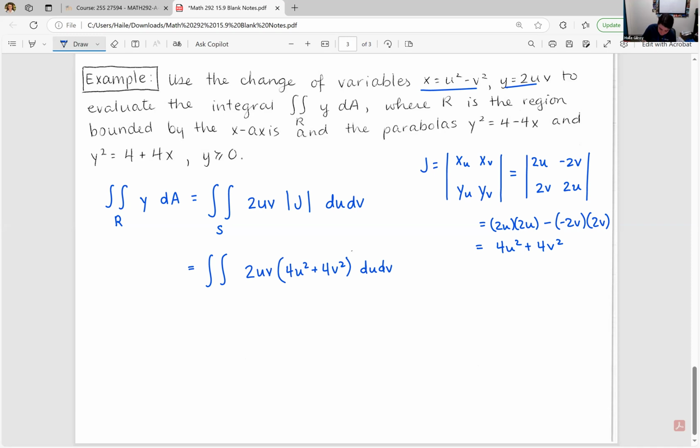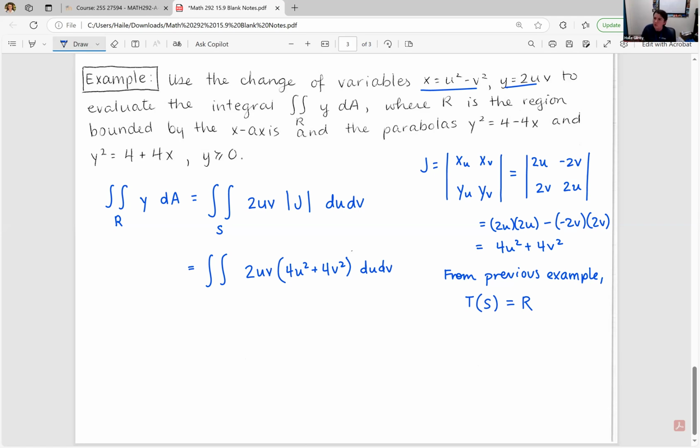Okay, so from the previous example, we know that the transformation applied to S is equal to the region R, right? So that's the whole point, is we started with that square and we went to that weird rounded triangle thing, okay?